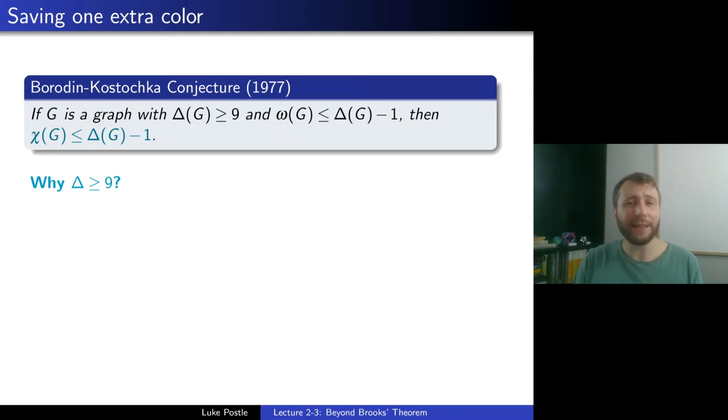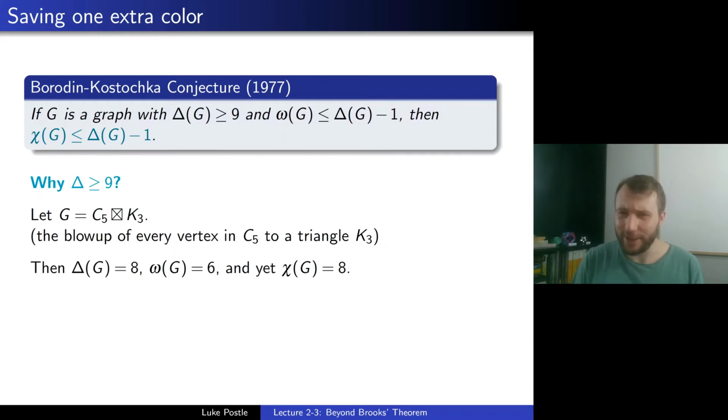But here we need to add, instead of Δ being at least 3, at least 9. So why Δ at least 9? This is a bit of a strange question, but the answer why they made it that way is because they had to. Let me give you a picture, an even more general picture of this in a bit, but let G be C5 strong product with K3. That's taking a C5 and blowing up every vertex to a triangle, and then putting all the edges in the cyclic way. If you stare at that graph, you'll realize that it has maximum degree 8, because you're adjacent to the 2 in your triangle and the 3 in each neighboring triangle.